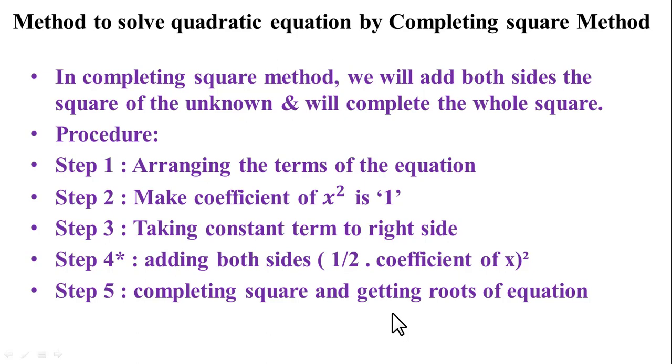Let's start the question. Now in the completing square method, first of all, question number 3, part 1. Given equation: 7x square plus 2x minus 1 is equal to 0. Now this is a quadratic equation.